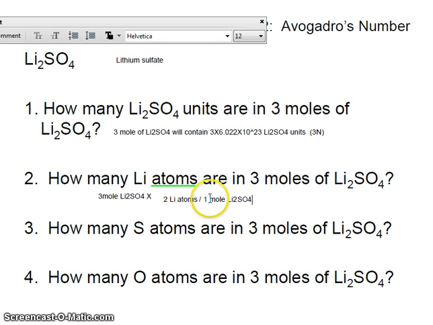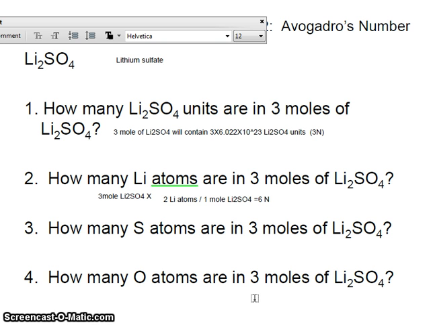So the mole of Li2SO4 will cancel off, and you would essentially get 6 times, because 2 times 3 is 6, 6 times the Avogadro's number is going to give you the total number of lithium atoms that you're going to get out of 3 moles of Li2SO4.